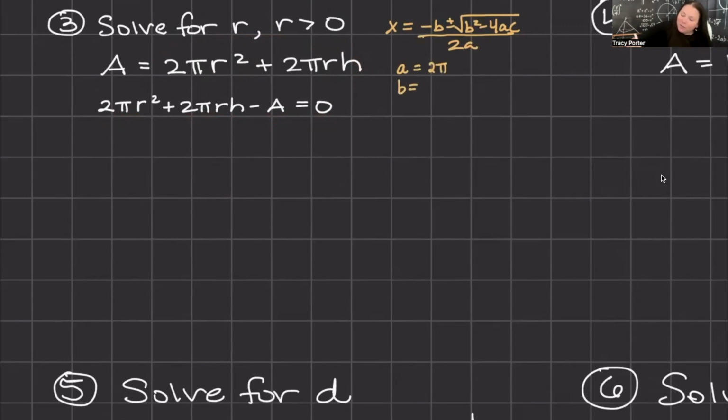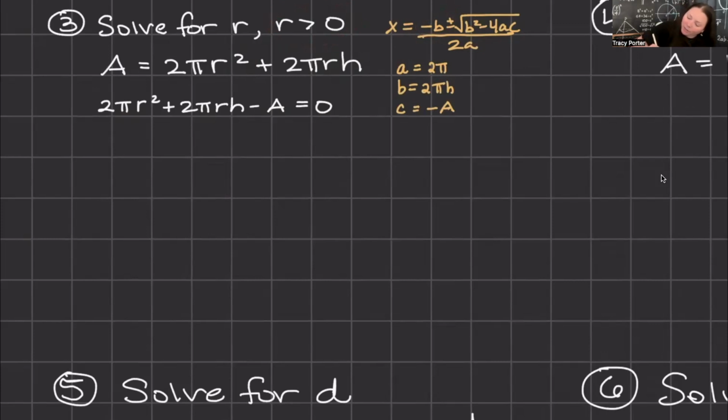The B here would be the 2 pi h, and C would actually be minus the capital A. So we're going to use those values, substitute into the quadratic formula. Now, it does say just to use the positive R, so we actually won't need the minus one here. So we just are going to do the minus B plus. So we can go ahead and substitute just in the plus, not the plus minus.